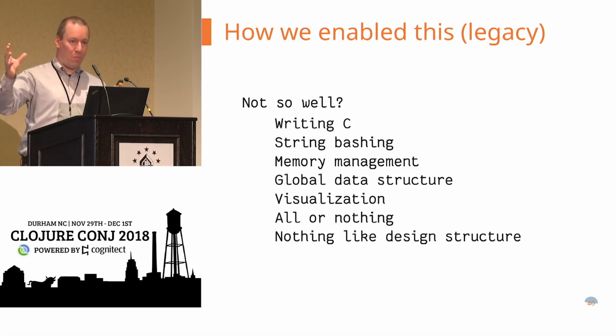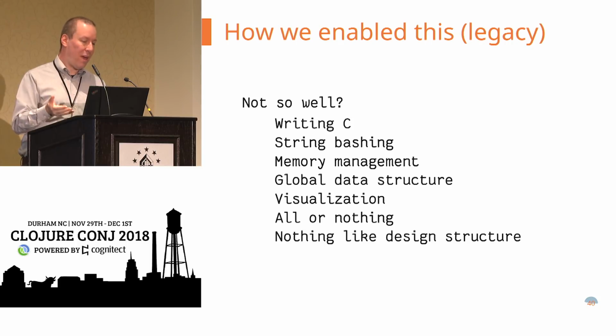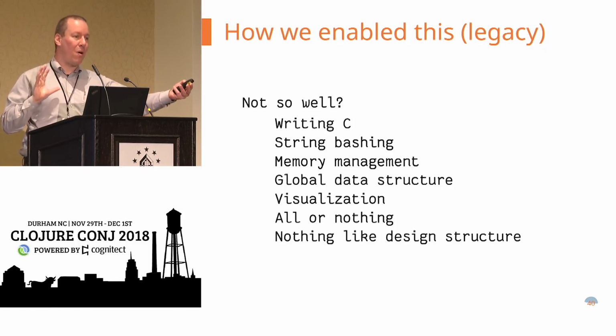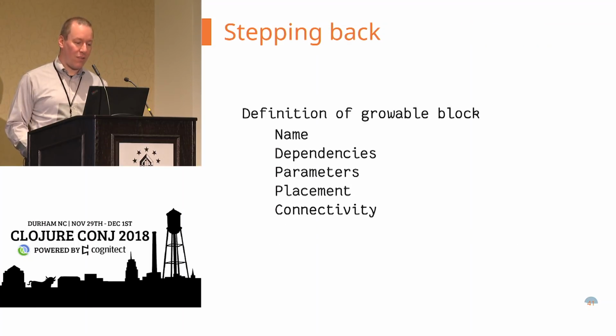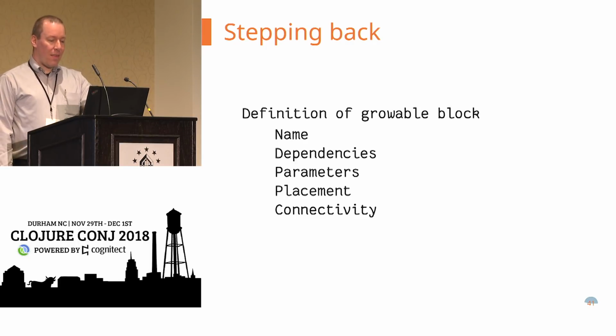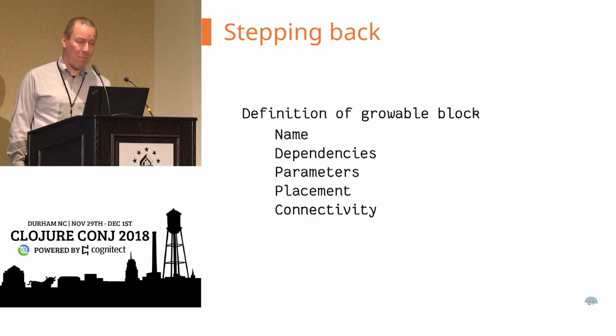There was this giant global data structure that was really hard to visualize, so it was tough to figure out, if your code was behaving badly, what was actually going on. And ultimately you ended up with this giant mud ball of code that really looked nothing like your original design structure as well.